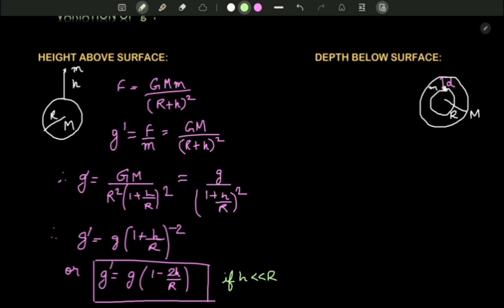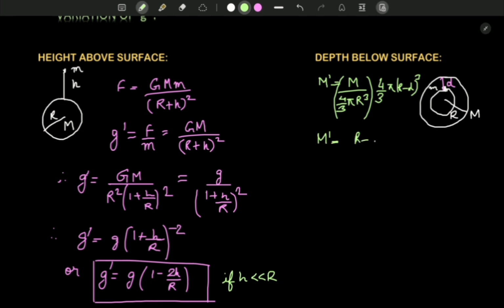So I can say that M dash equals to mass of the earth by volume of the earth, let us assume that the earth is a sphere, so 4 by 3 pi R cube, this is the volume of the earth, multiplied by the volume of the remaining portion, that will be 4 by 3 pi (R minus d) whole cube. So this will be the volume of the remaining portion. So I can write this as M dash equals to (R minus d) whole cube by R cube into M.